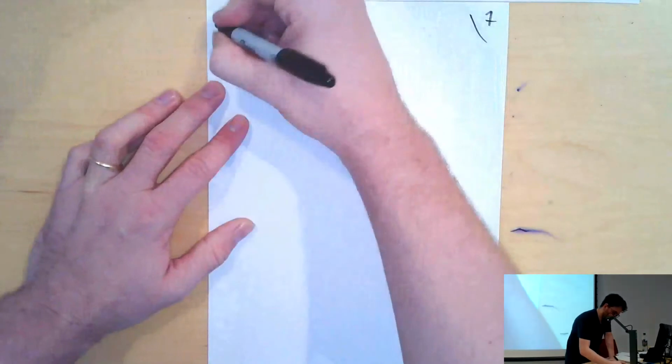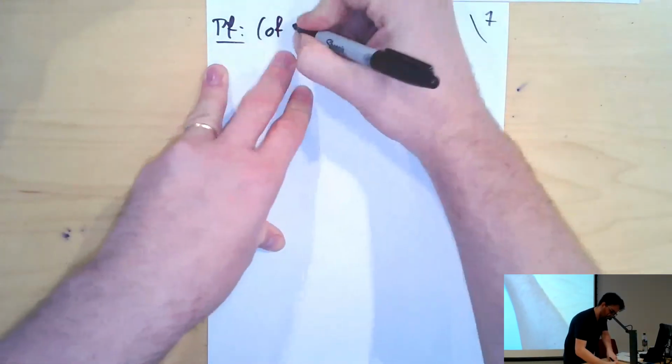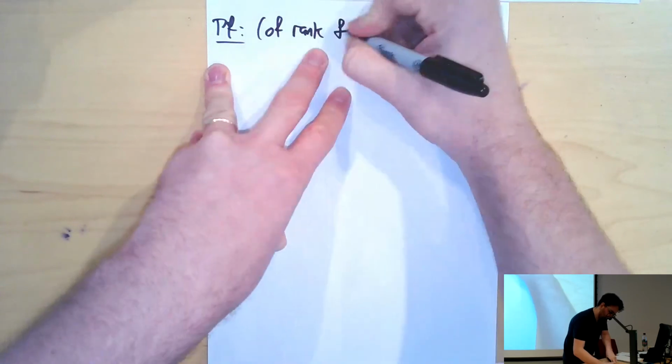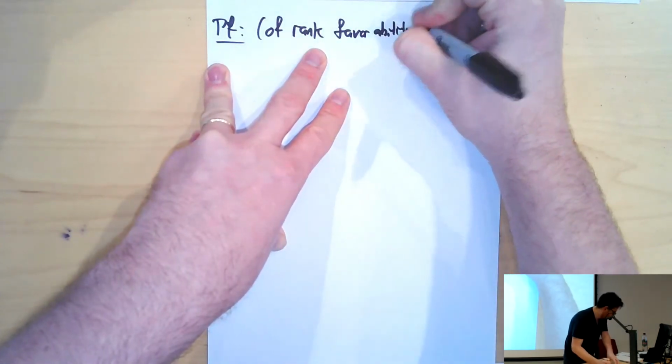And then just quickly to finish, the proof of rank favorability is essentially the same.